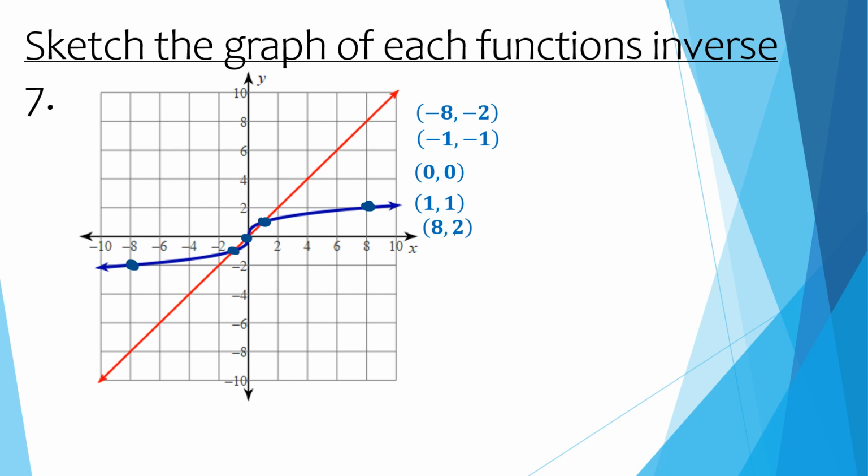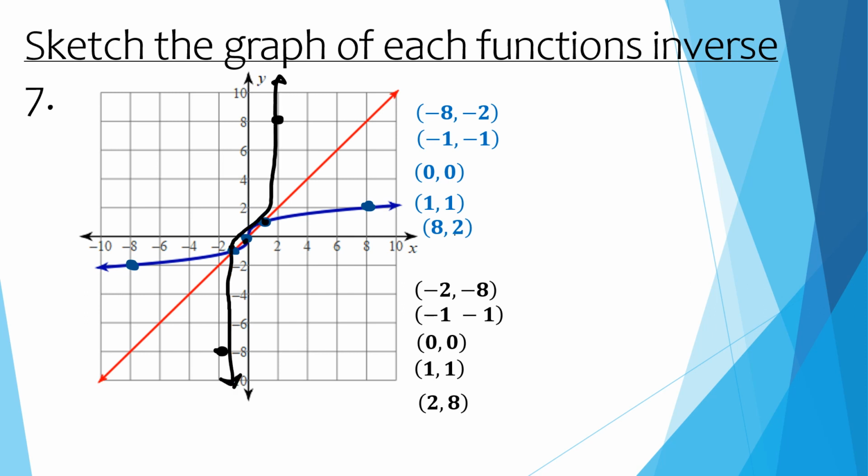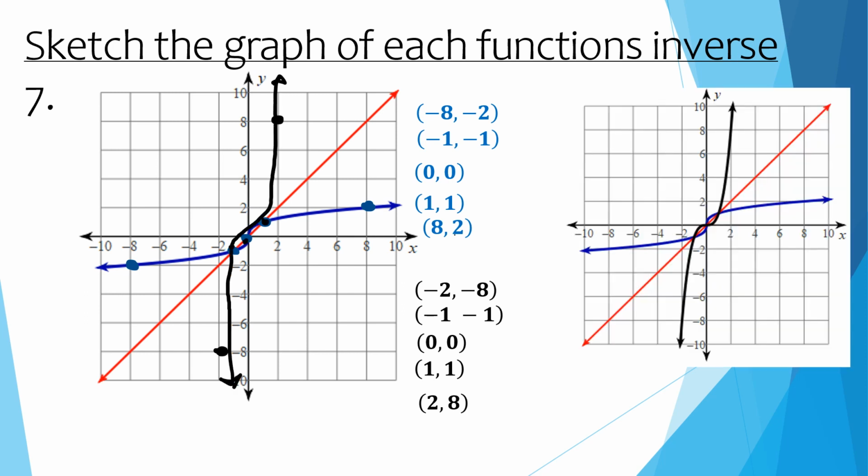So the inverse points, remember, we're just going to switch x and y, switch domain and range, giving us negative 2, negative 8, negative 1, negative 1, 0, 0, 1, 1, and 2, 8. When we plot those points and connect the curve, we get a cubic function. There you go. There's a better version of that particular example.